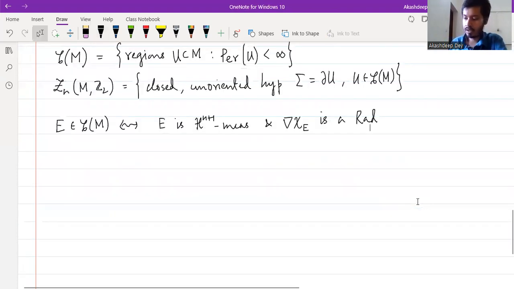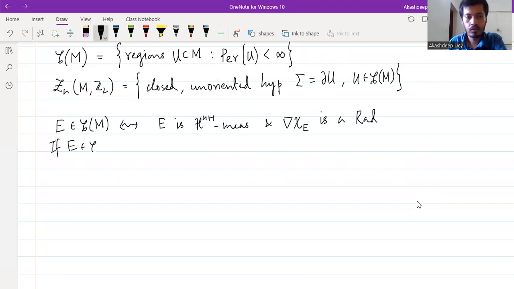And if E is in Cm, we can talk about the boundary of E and the unit normal nu_E along the boundary of E, which points inside.